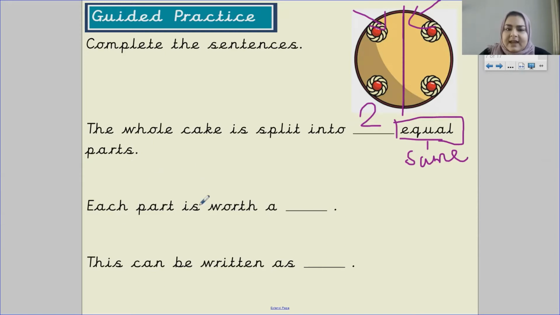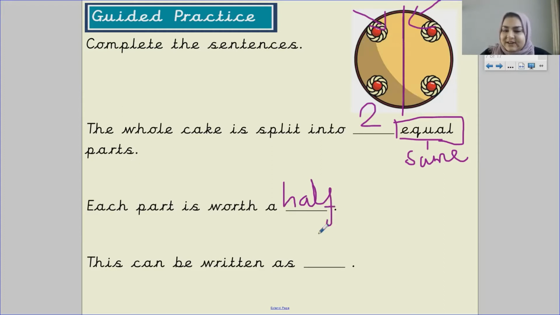Each part is worth a half. The reason each part is worth a half is because it's two parts and each part is equal.